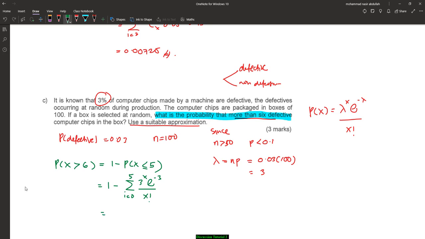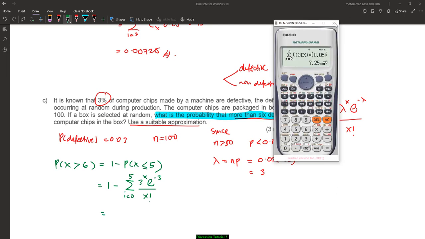So use the calculator. 1 minus summation of 3 power of x, exponential negative 3, divided by x factorial. This one from 0 until 5.